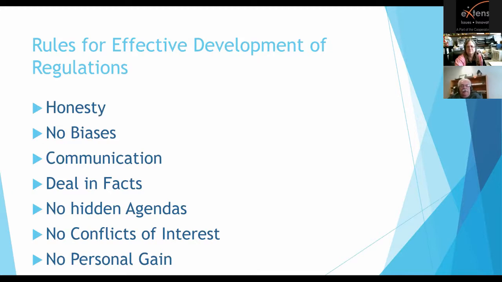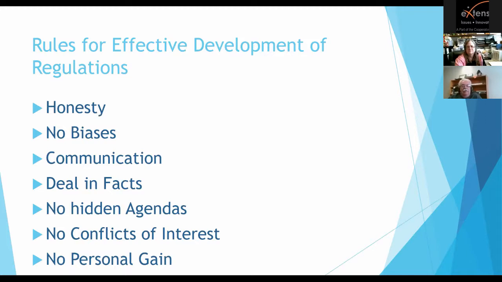No hidden agendas. That's a very important one, and that's probably the hardest one on the list, because people do come to such debates with a hidden agenda. There may be people that are for something or against something because they have some plans for the property.